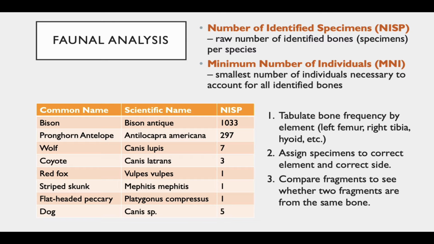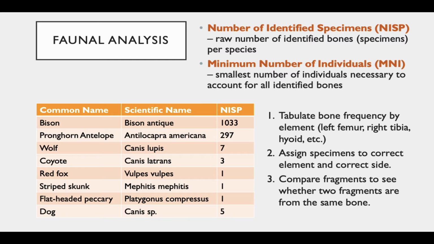How you go about calculating your MNI then is you tabulate the bone frequency by element. So you separate left femurs into one pile, right tibias into another one, the hyoid bone or any kind of cranial fragments into another. You assign specimens to the correct element and the correct side from that species.